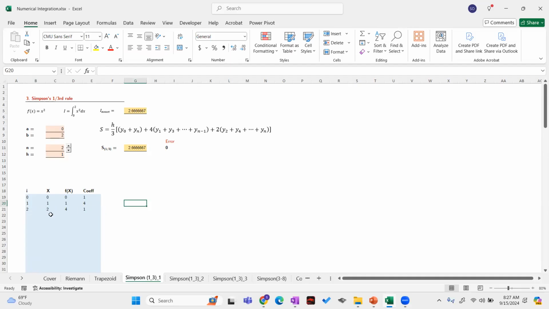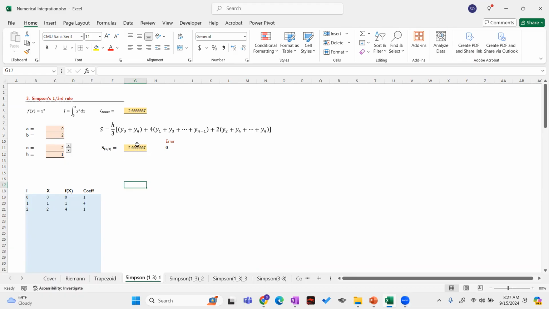But if there are even places, all the even places will receive a weight of 2. All the odd places will receive a weight of 4. And then you do a sum product, essentially the coefficient times the y's. So you get the stuff in the bracket, times h by 3 at the end, which will give you the summation.